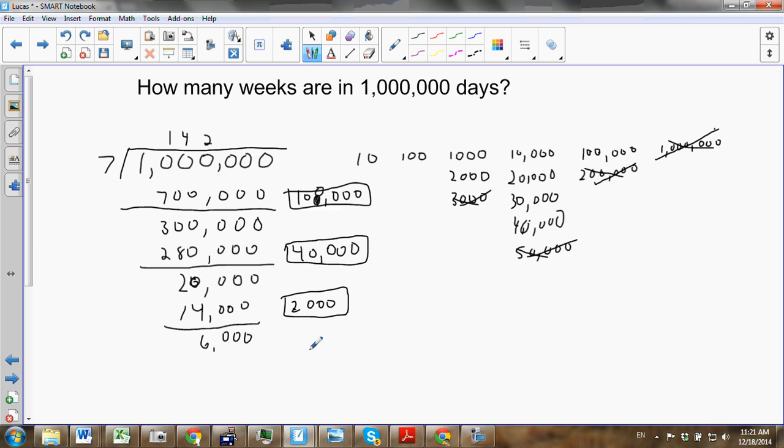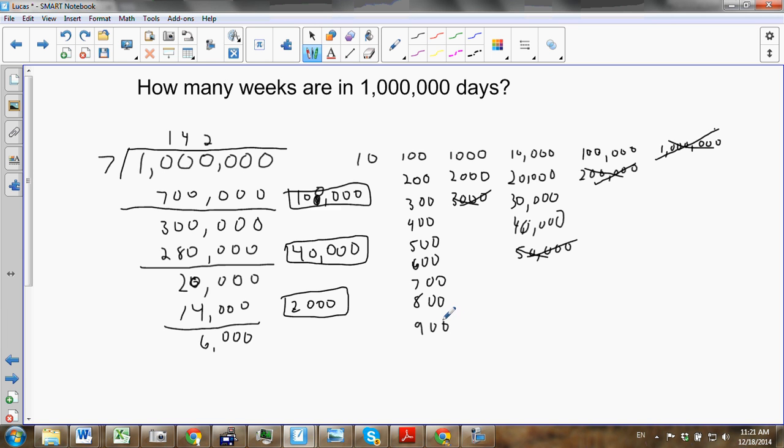Now the question is, how many hundreds of sevens can we take out of 6,000? Well, 200 sevens would be 1,400. 300 sevens would be 2,100. 400 sevens would be 2,800. 3,500. 4,200. 4,900. 5,600. 6,300.